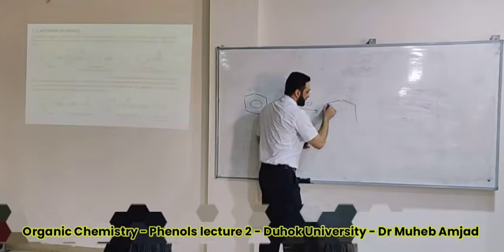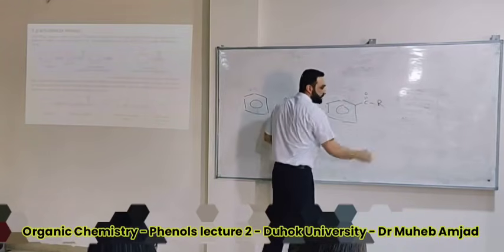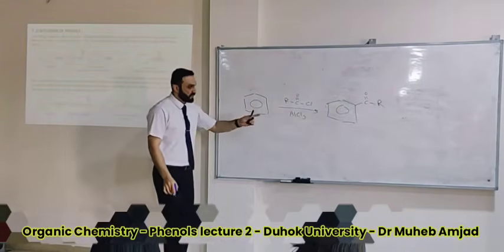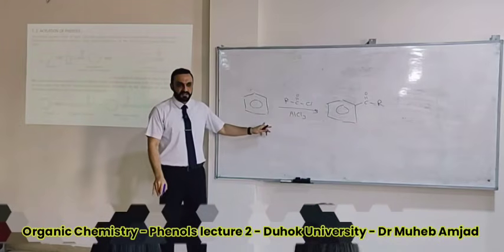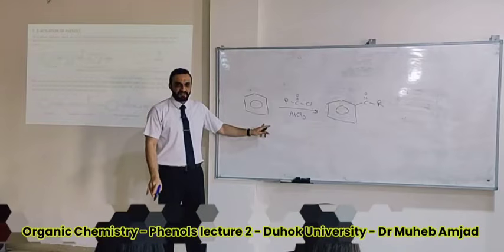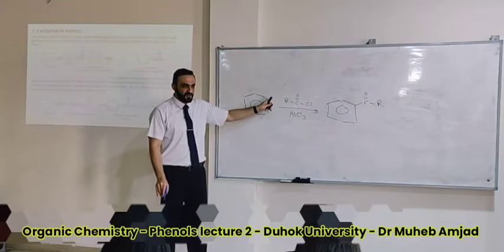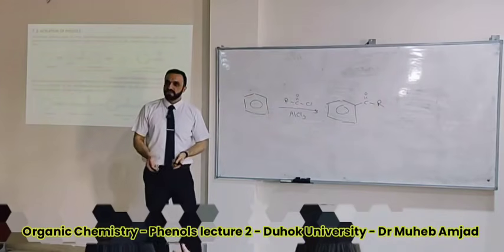And any type of reaction will happen. The product will be this. It will give you a ketone. Any type of reaction, this? Elimination? No, it is not elimination. Addition? No. I remove a proton, hydrogen, so substitution.